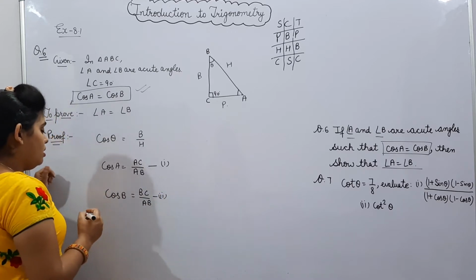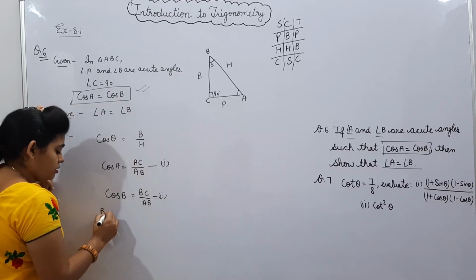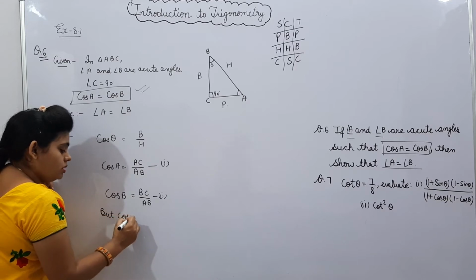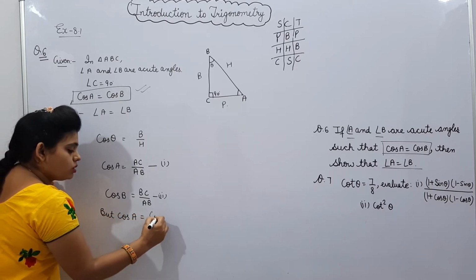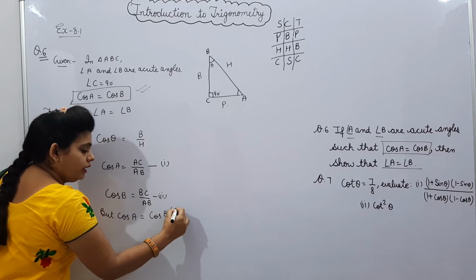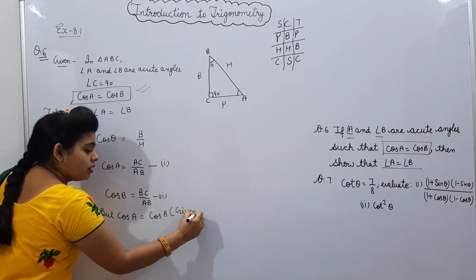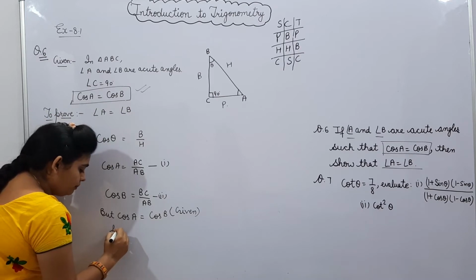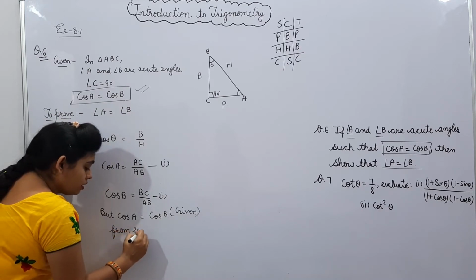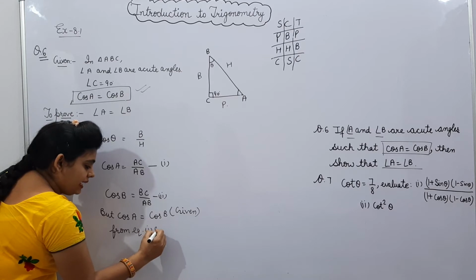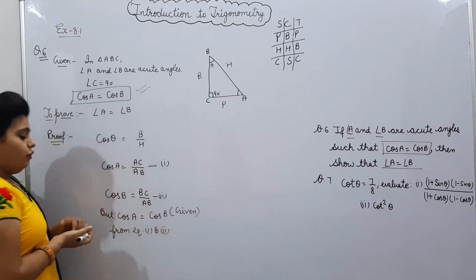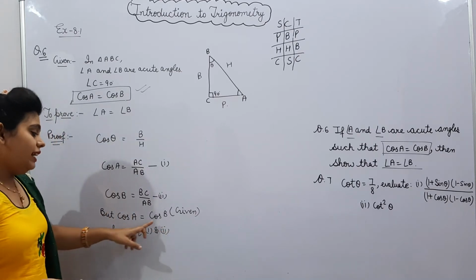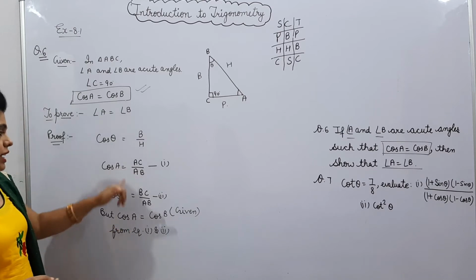But cos A is equal to cos B. It is given in the statement. Then from equations first and second, we can put the values of cos A and cos B. What is the value of cos A?